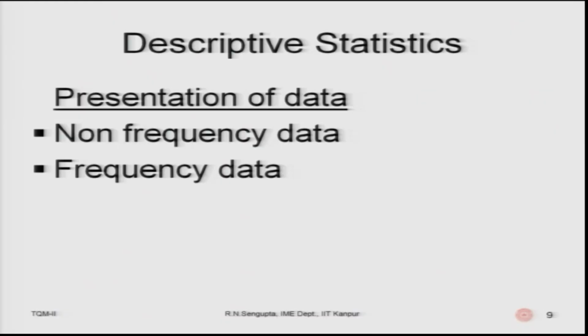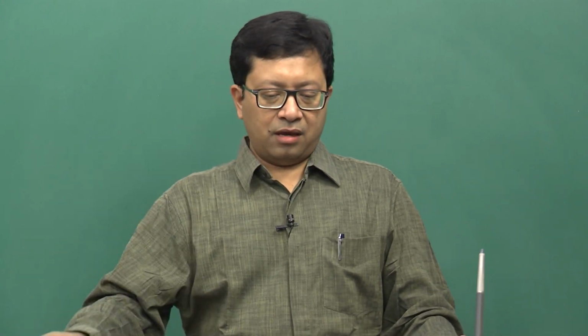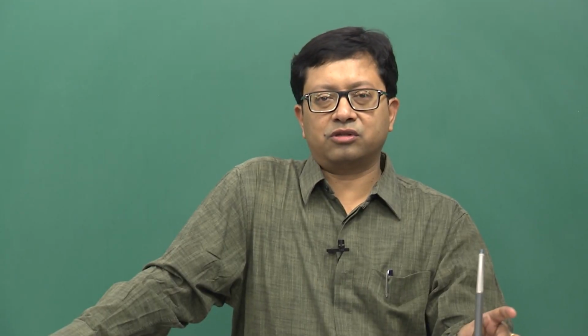Descriptive statistics can be presented as non-frequency and frequency data, but we will consider mostly the frequency ones; I wanted to mention the two broad lines. Frequency data can be of different types. We will consider the box plot, very simple, and why we are going to consider a box plot will become very apparent, because it will give you a lot of information about the quantiles, what the distribution looks like, what the level of confidence is based on which you are doing the studies, and so on.